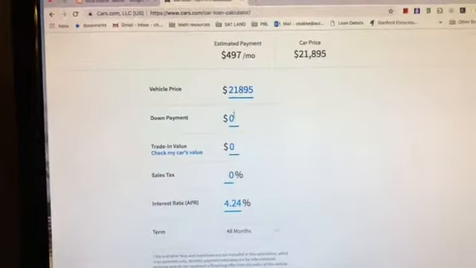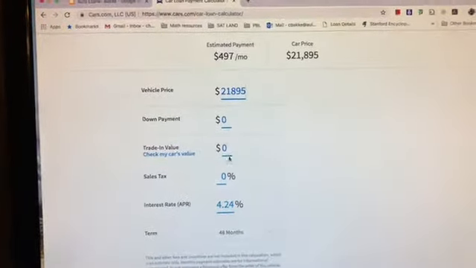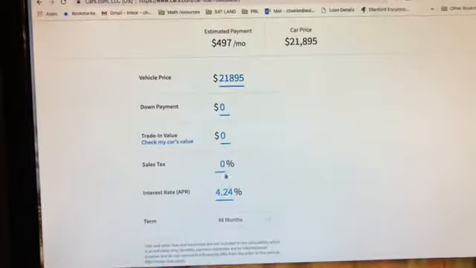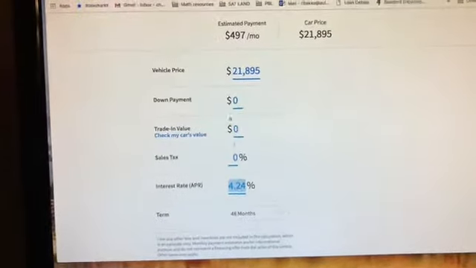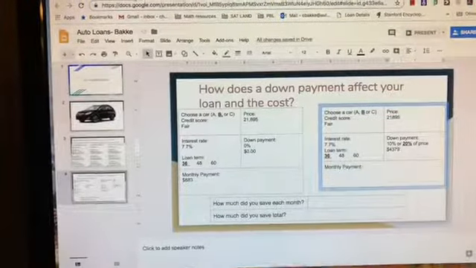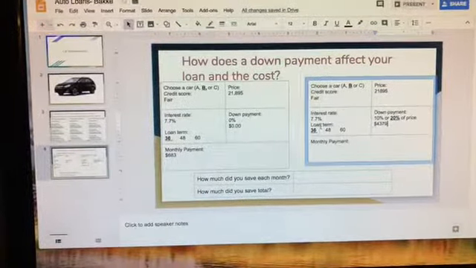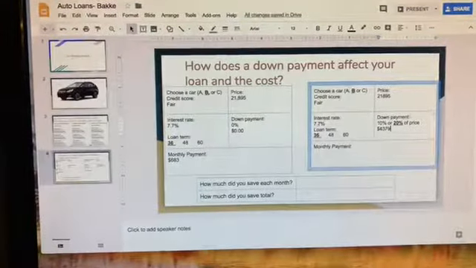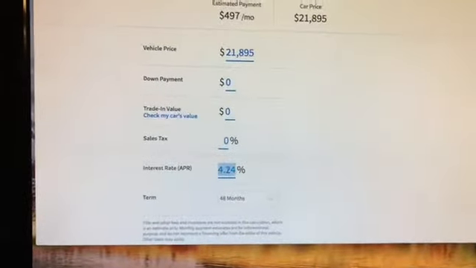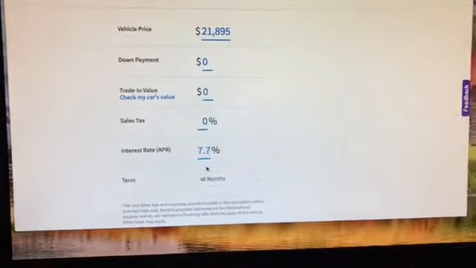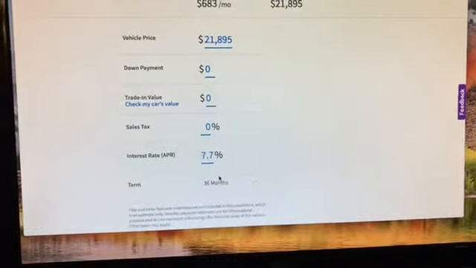I'm going to skip the down payment so I can check my work from yesterday. Sales tax, please leave at 0. This is going to be, oh, I forgot the interest rate I'm using. So I'm going to go back and I realize, oh yeah, it's 7.7 with my fair credit score. And this is for my 36 months. So I'm going to go back and change this to 7.7% over 36 months.